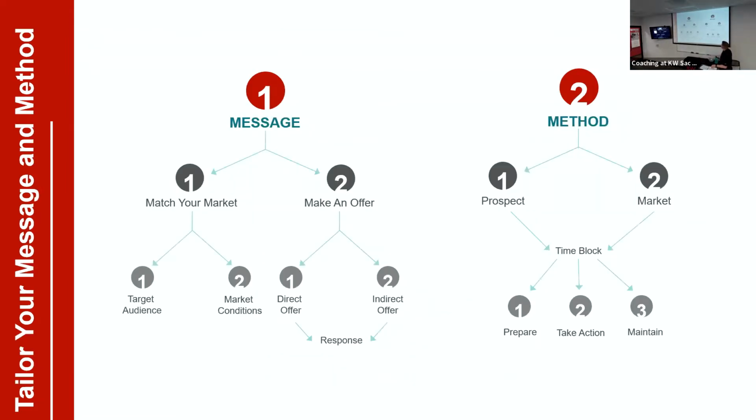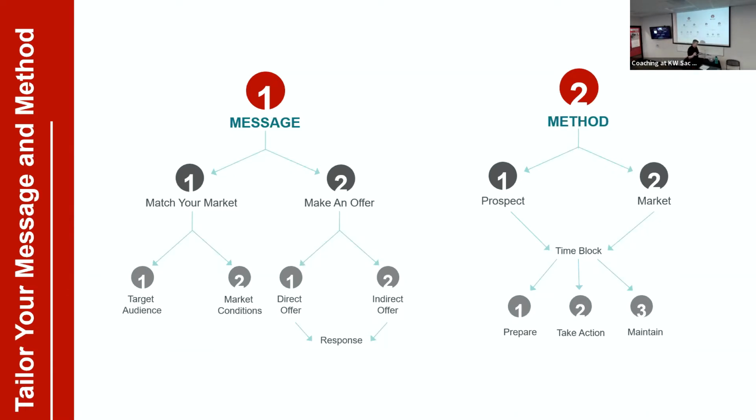So here's one method right here. There's message and then there's method. What it talks about here is that lead generation should always be purposeful and intentional. Lead generation is the life of an agent's business. Lead generation is taking a message and using the method to drive the message to a desired audience.